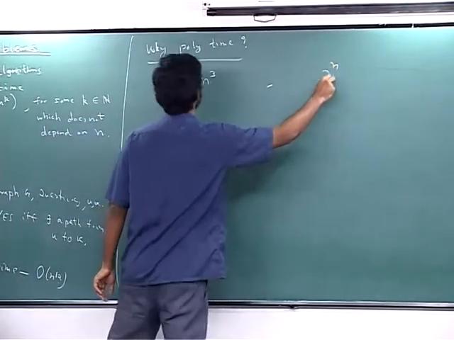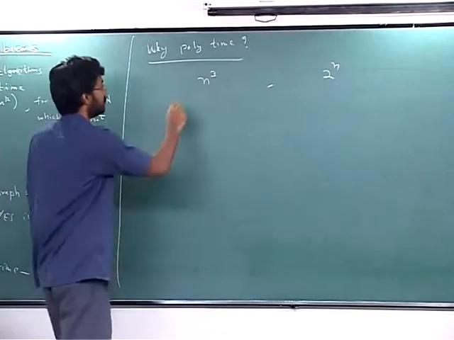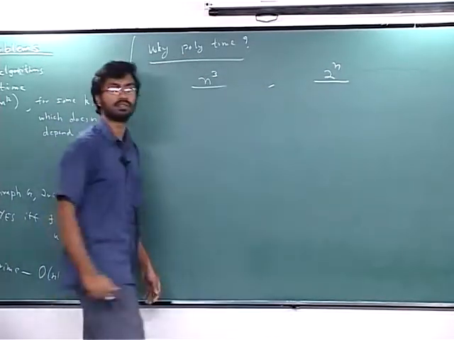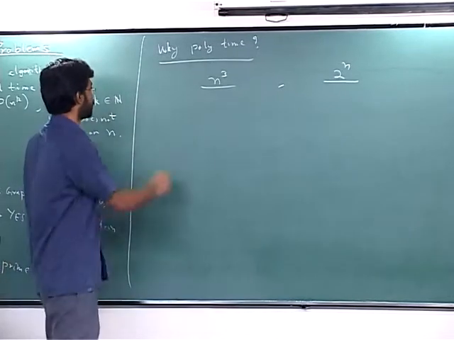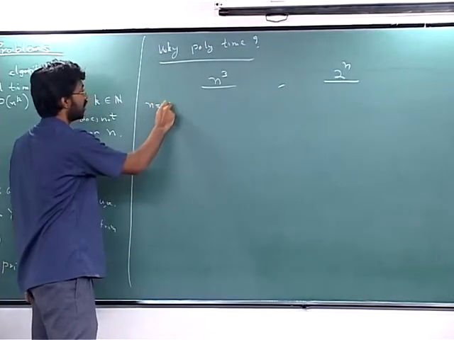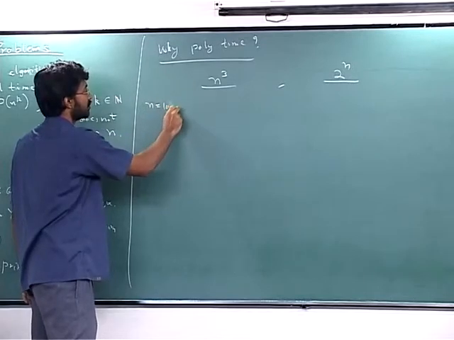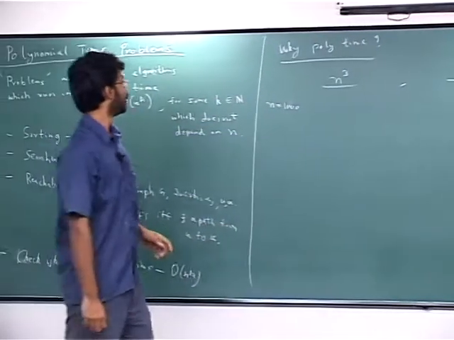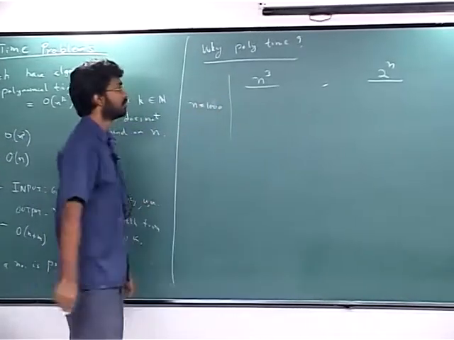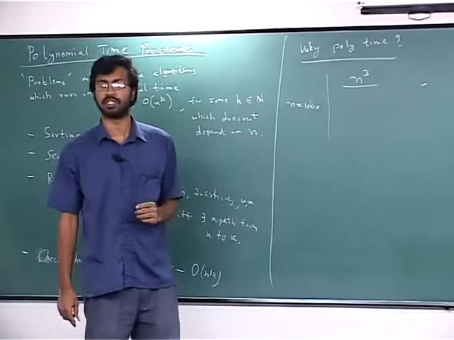Have you seen this comparison between something like an order n cube algorithm and a 2 raised to n time algorithm? Let's just take n equal to something like 10 cube, so 1000. Let's see how much time each of these algorithms take.